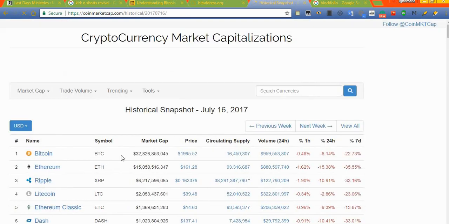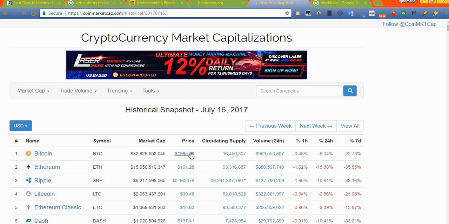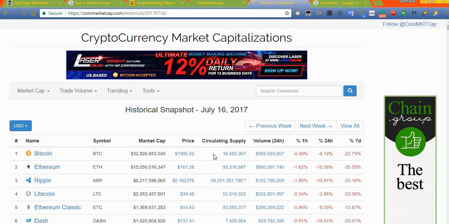If you look at the price of Bitcoin from July, this is the price. You can say, wow, up till now, Bitcoin has actually grown. So you may not understand the candlestick charts and the rest of them, but with this historical snapshot, you can fix a price for yourself.